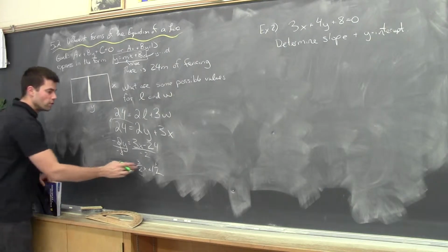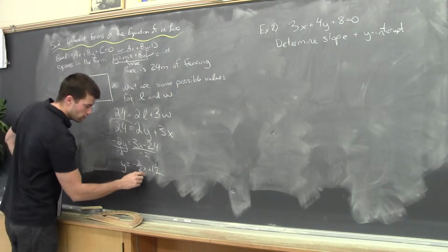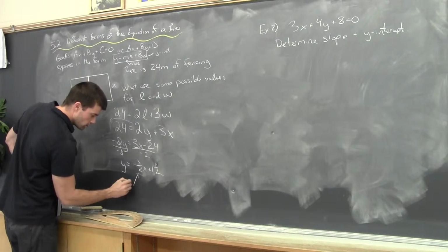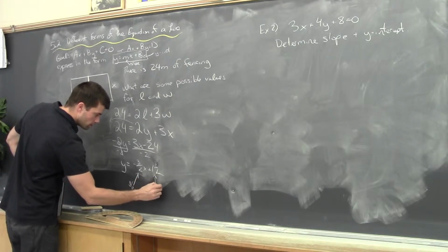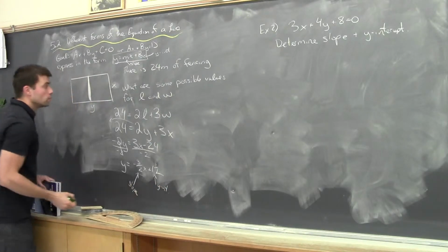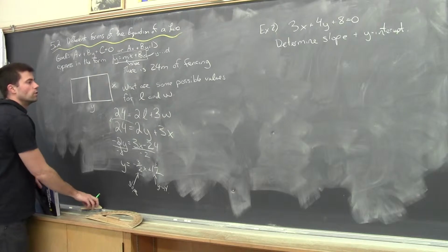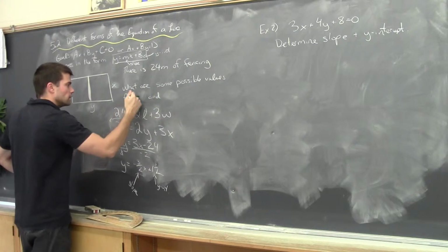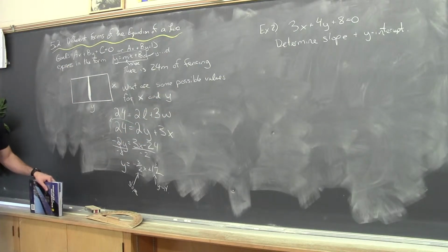Right away I have an equation for a line where this is my slope and here's my y-intercept. The question asks us, what are some possible values for L and W? And we've changed these to X and Y.